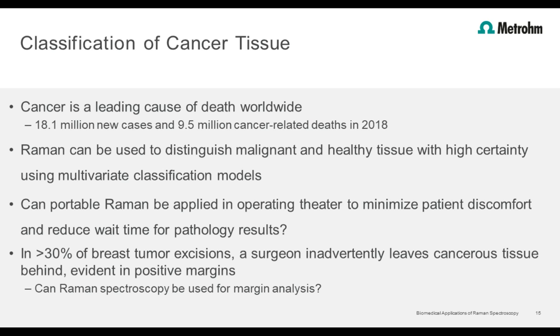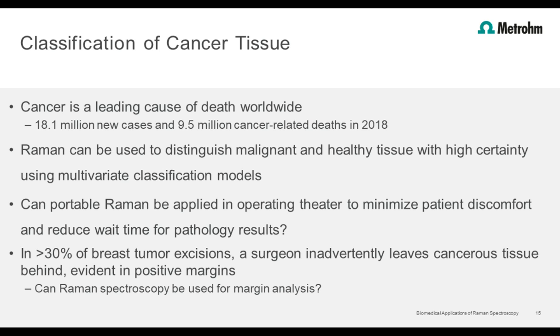So this doesn't necessarily negate the need for pathology results, but it does help mitigate the reliance on those results because they may take 1 to 2 weeks to come back. And meanwhile, the patient is still kind of in limbo, not necessarily knowing the concrete results of their surgery.